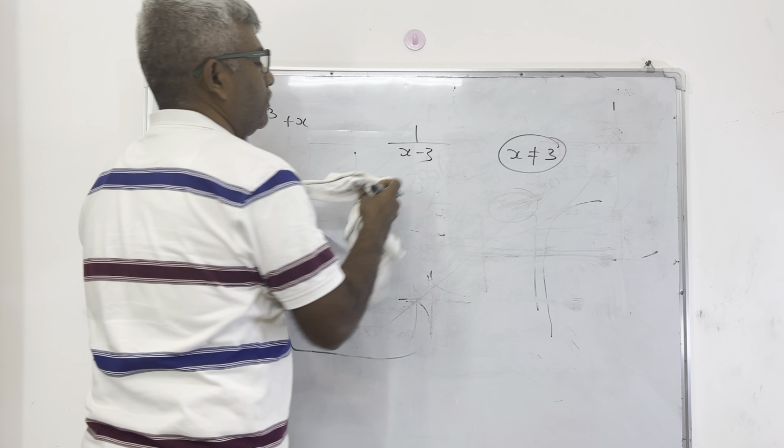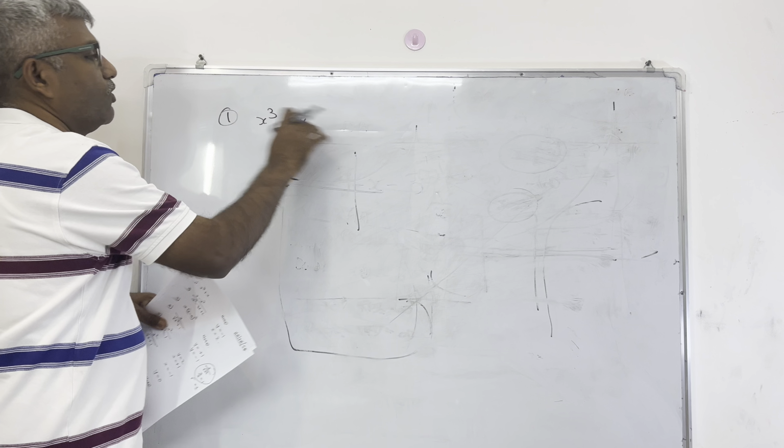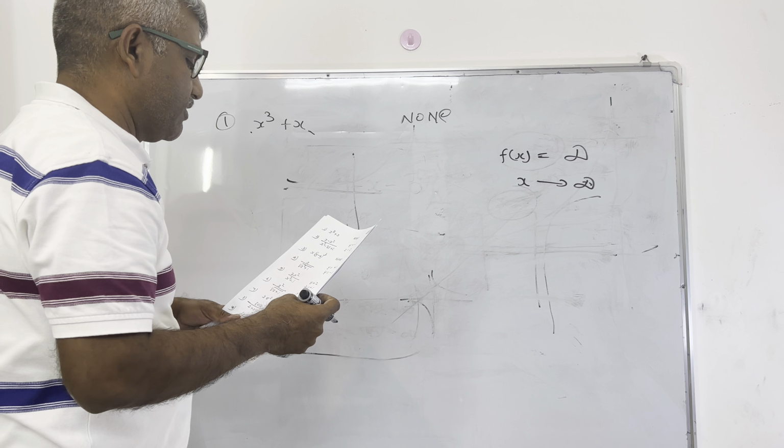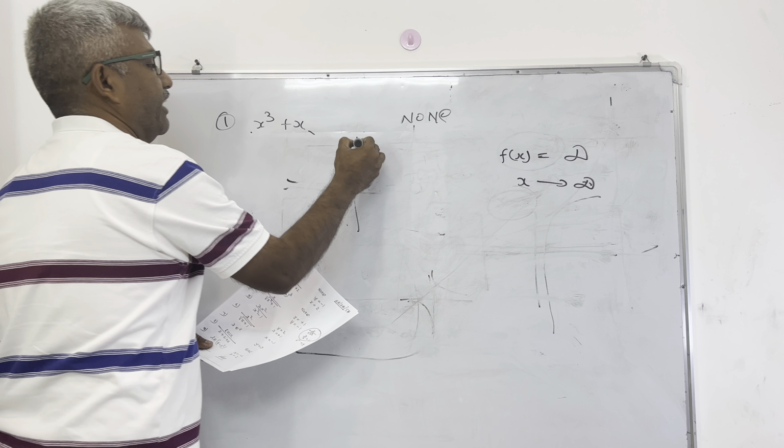There is no asymptote, none. Because when x is approaching infinity, you put the infinity value, f of x is also approaching infinity. When x is infinity, f of x is also approaching infinity, so there is no asymptote, none.